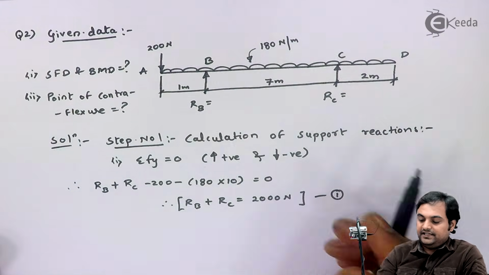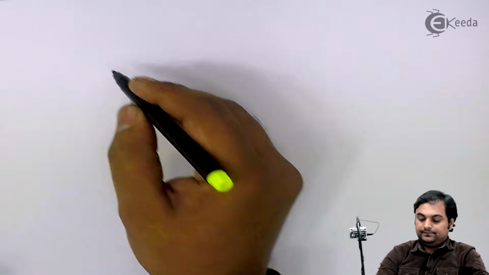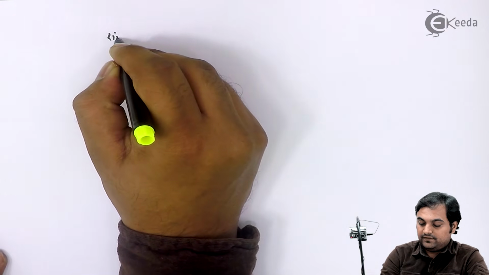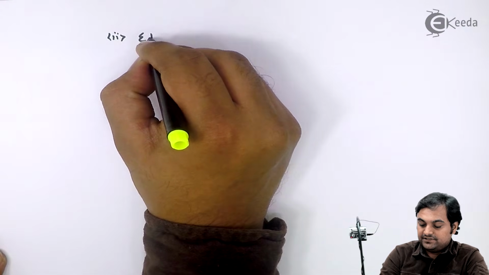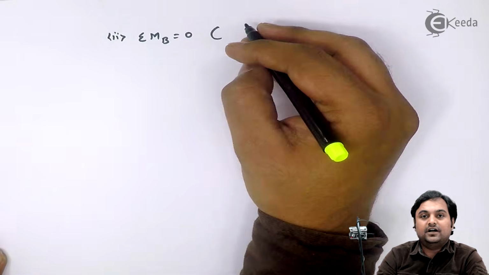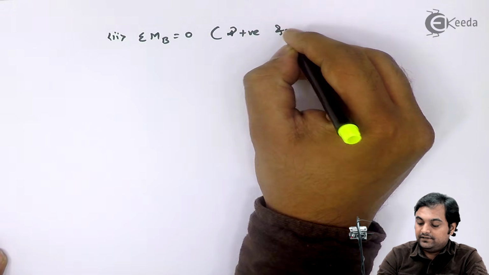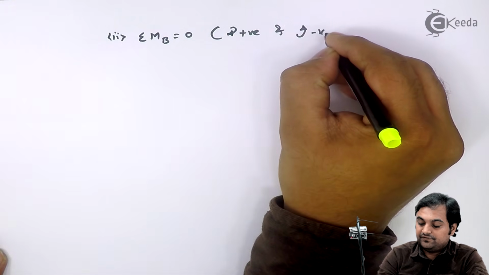Next, taking moments at point B, summation of moments about point B is equal to 0. Clockwise moments are positive and anti-clockwise moments negative.